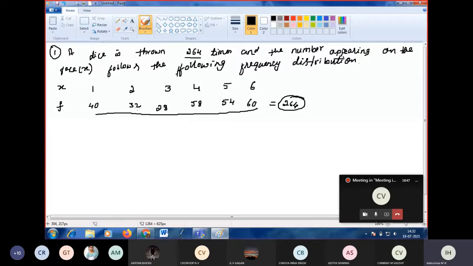Is it right? 40 plus 32 is 72, 72 plus 28 is 100, 100 plus 58 is 158, 58 plus 54 is 112, 112 plus 60 is 172.